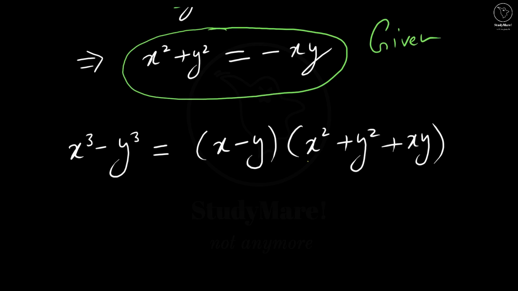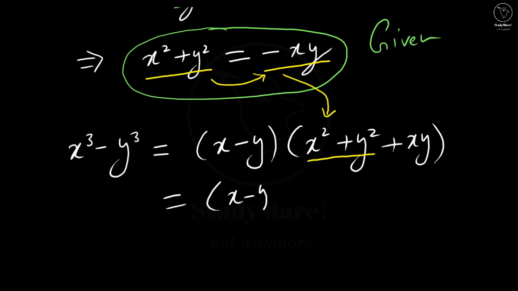Here we have x square plus y square, and we have already calculated the value of x square plus y square as minus xy, which can be substituted over here. So nothing much to do now. We get x minus y, and here instead of x square plus y square, we can write minus xy.